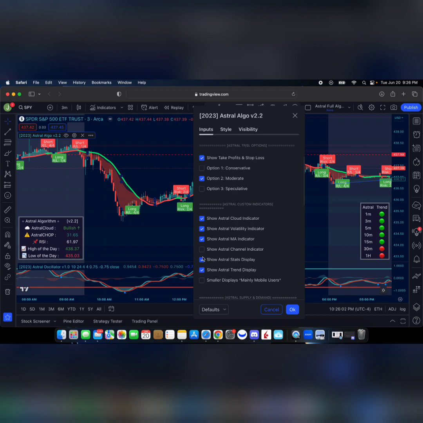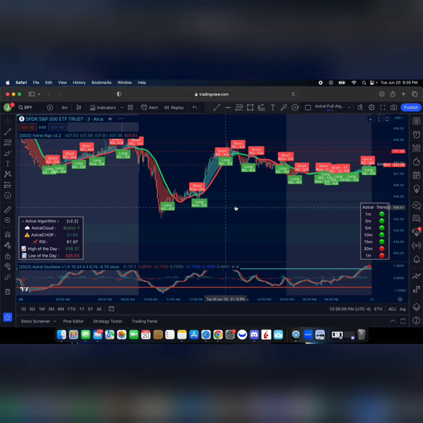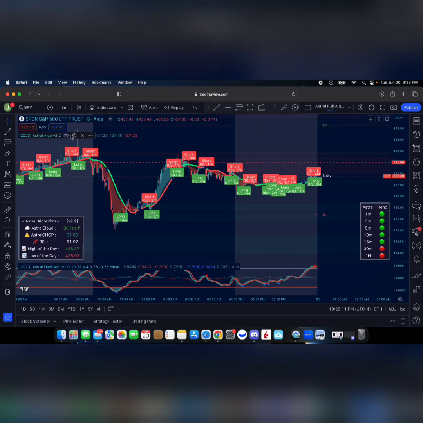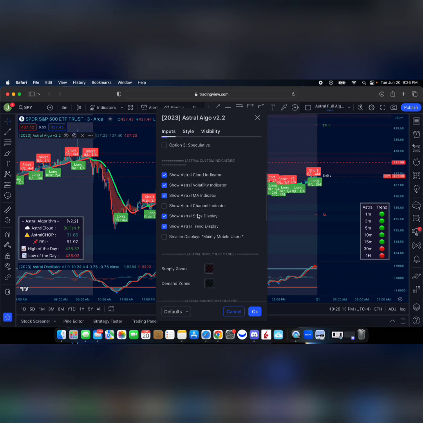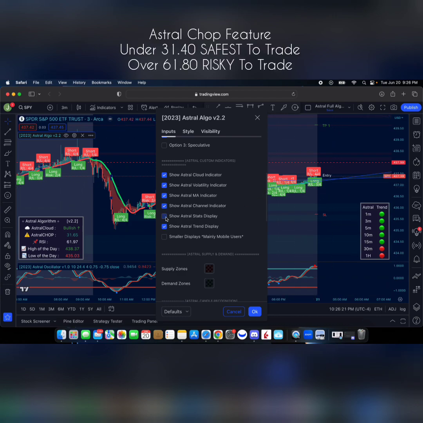Astral channel indicator. Where'd it go? You want this on or not? Just the lines. I usually keep it on. Display. It's over here.